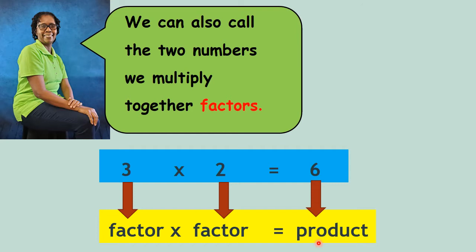The name for the answer is always the product. So we can say multiplicand and multiplier, the answer is still the product. Or we can say factor times factor, the answer we get is still the product. Are you understanding so far? All right, let's continue.